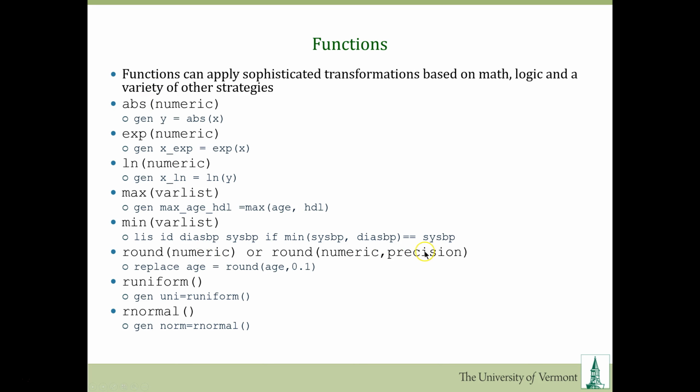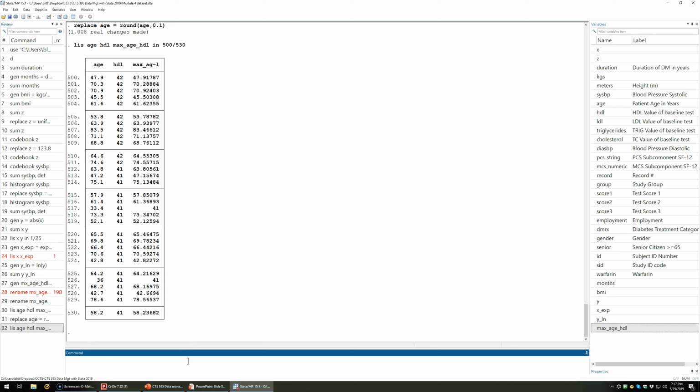Now, rounding, we told it to do it to the nearest tenth. If we hadn't given it any value here at all, it would have rounded it to the nearest year. So let's try that. Now let's do replace age is equal to round of age with no option in there.